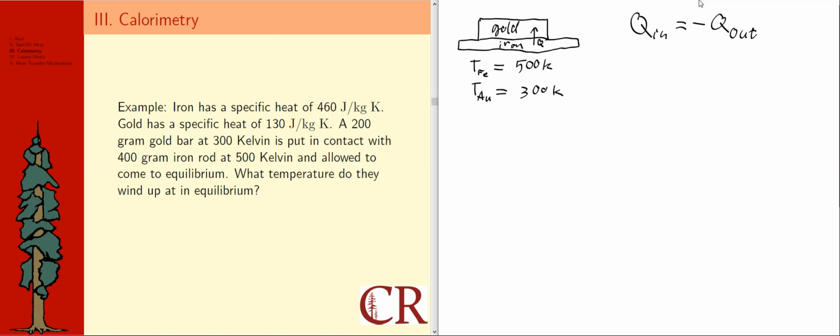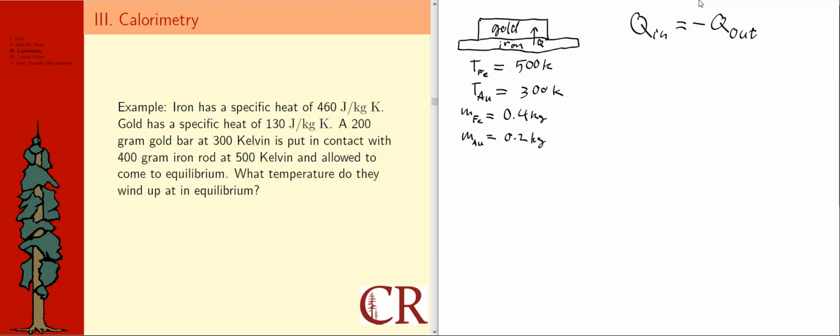And in turn, we also have that the mass of the iron rod is 400 grams, so that'll be 0.4 kilograms, and the mass of the gold bar is 200 grams, so that's equal to 0.2 kilograms.